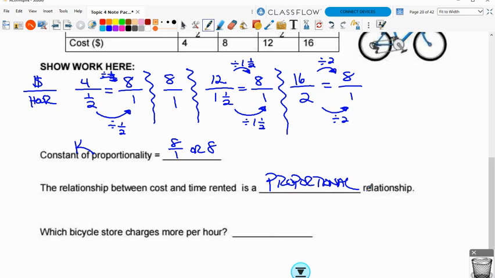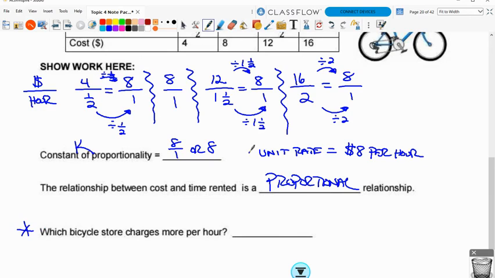Okay, and let's write down the unit rate again next to k. The unit rate for this example, 8 over 1, means that it was $8 per hour to rent a bike at Pedals Rentals.